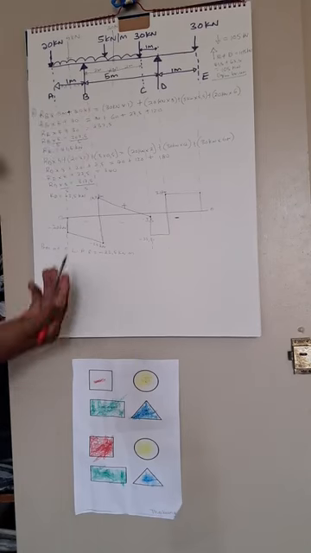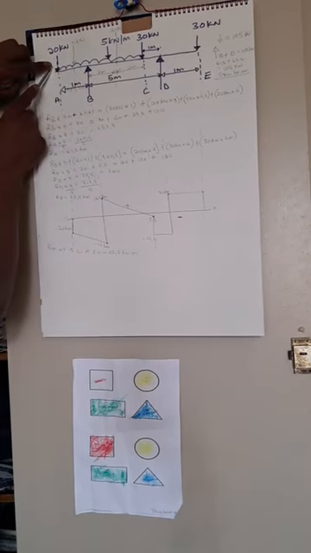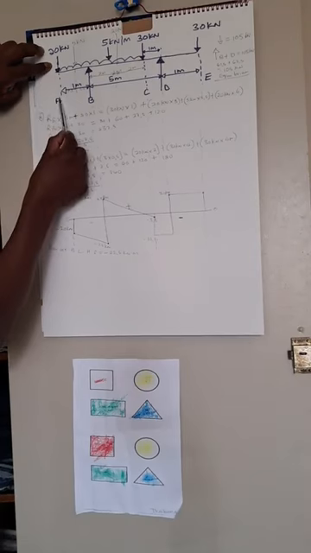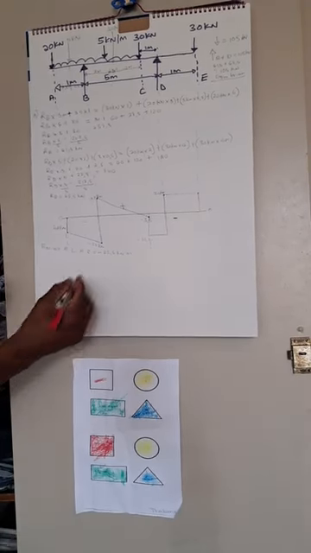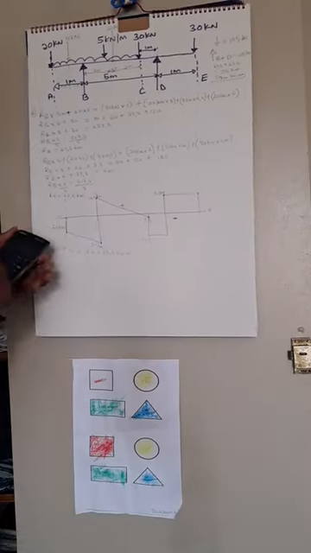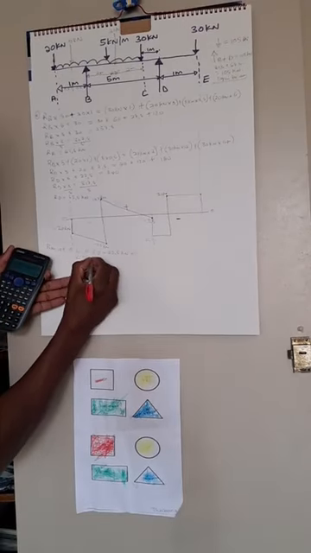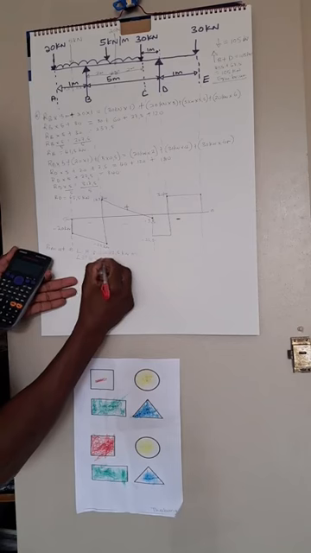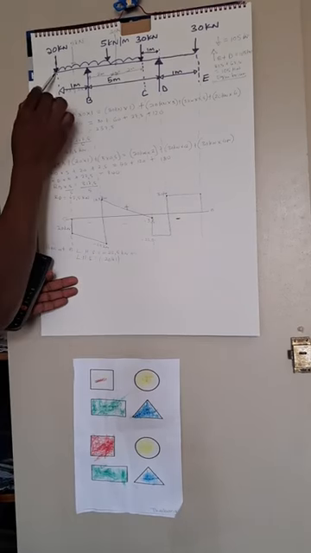So what did I do here? We are saying minus 20 times the distance from A to B, which is 1. So I said left hand side equals to minus 20 times 1, which is the distance from here to this point.